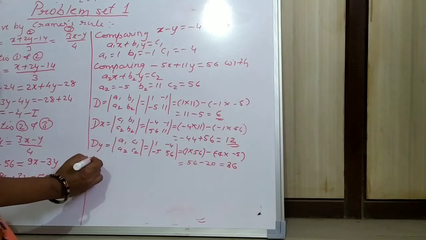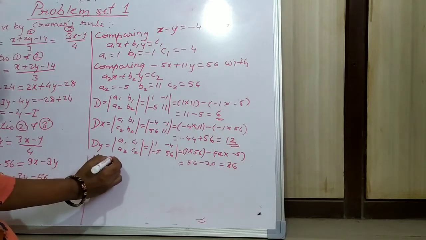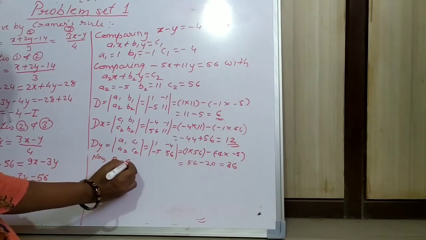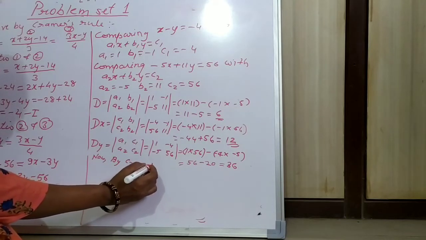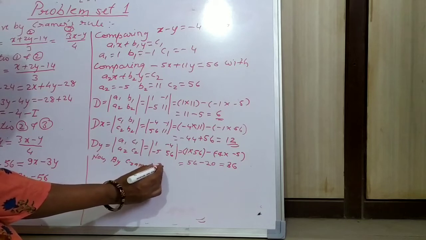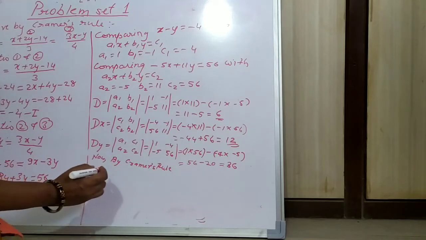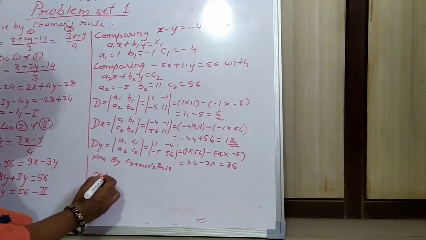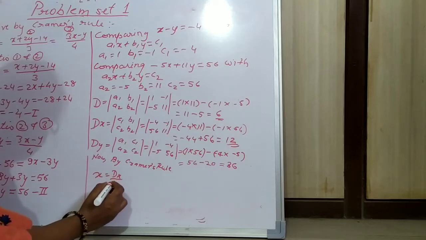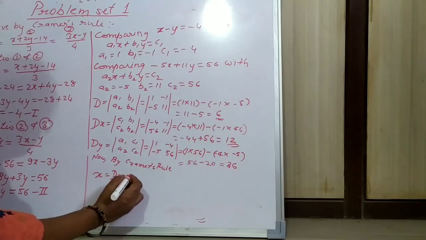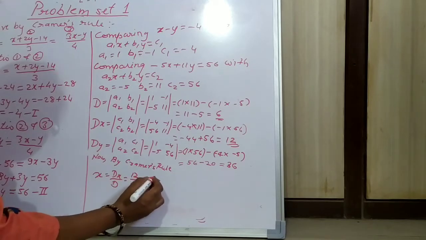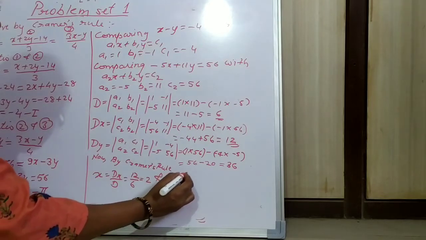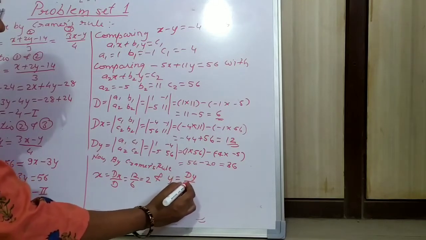Therefore now, by Cramer's rule, the formula we know here: x is equal to dx upon d, that is dx value 12 and d's value 6, that is 2, and y is equal to dy upon d.